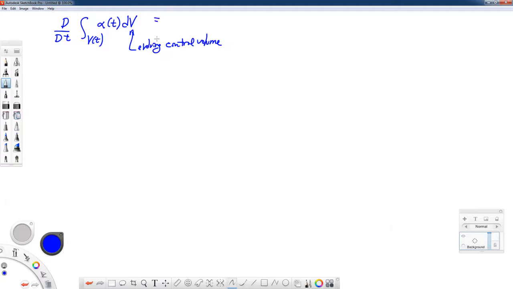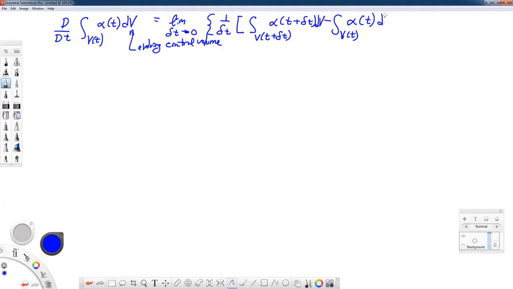Now, by the definition of a derivative, we can take the limit as some small increment of time, delta t, goes to 0 of this quantity in the bracket: 1 over delta t times the integral over the volume at time t plus delta t of the field variable alpha, evaluated at t plus delta t, dv, minus the integral over the volume at time t of that spatial field variable alpha evaluated at time t, dv, close bracket.